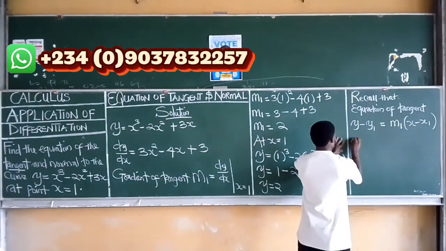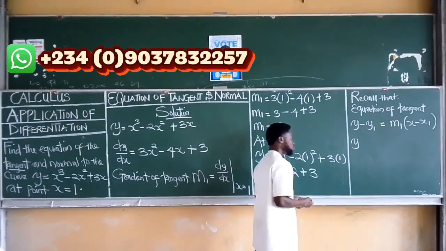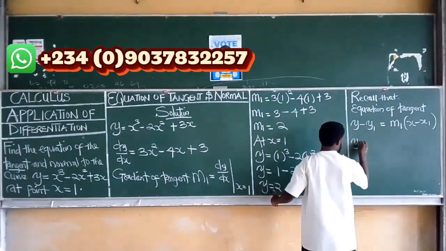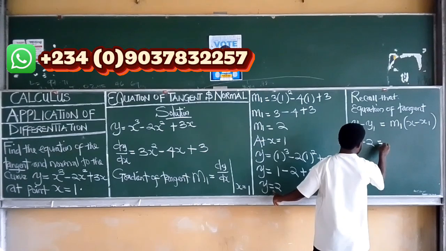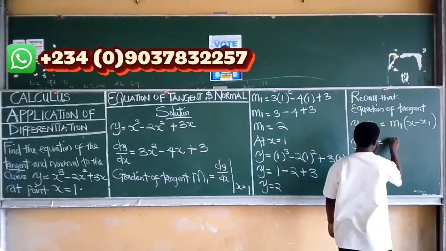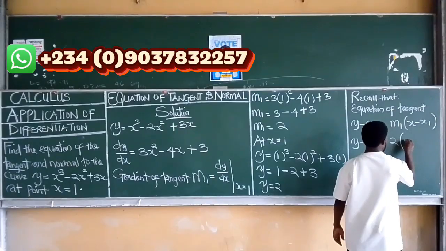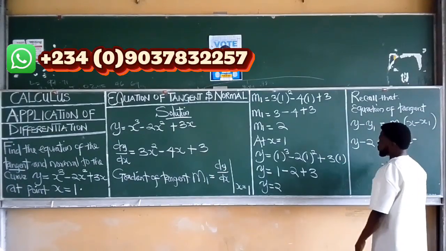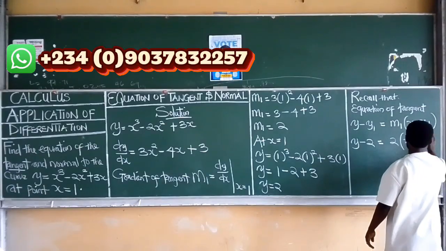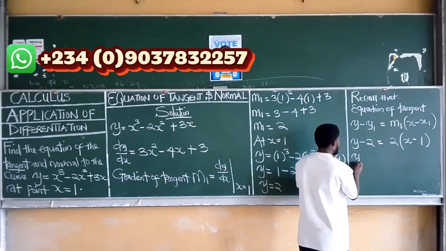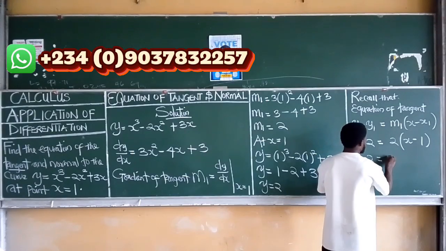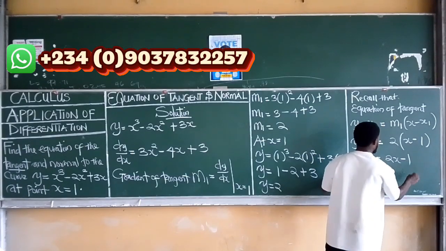So let's substitute. y1 is given as 2. So we have y minus 2 is equal to m1, the gradient, which is 2, in bracket x minus x1, which is 1. So y minus 2 is equal to, expanding the bracket, 2x minus 1.